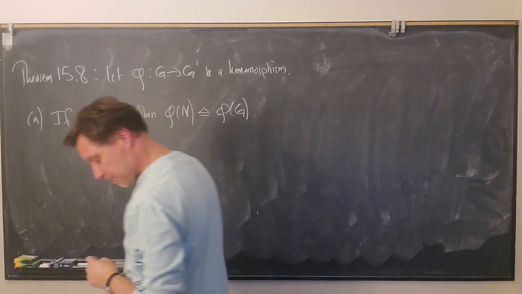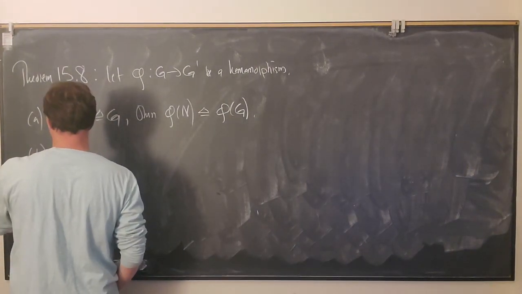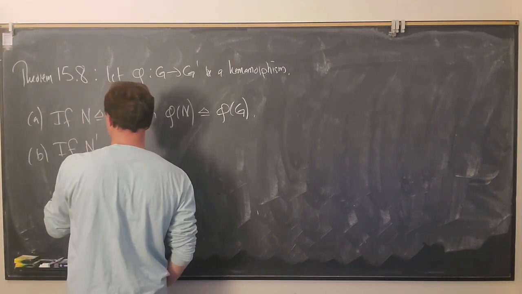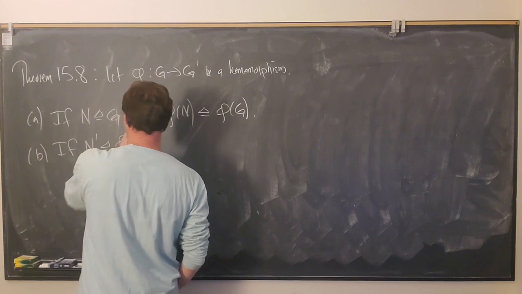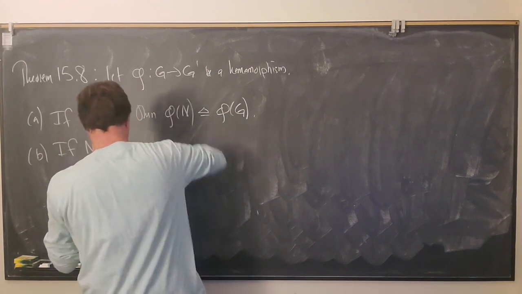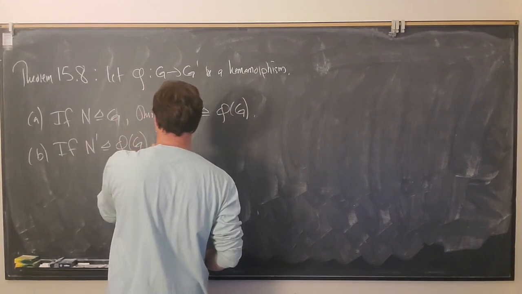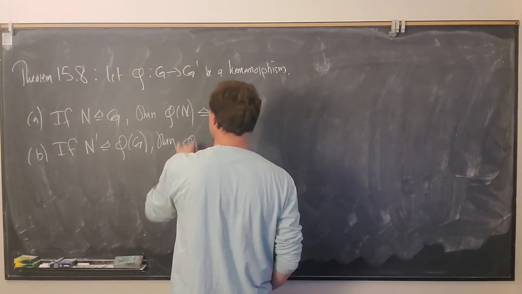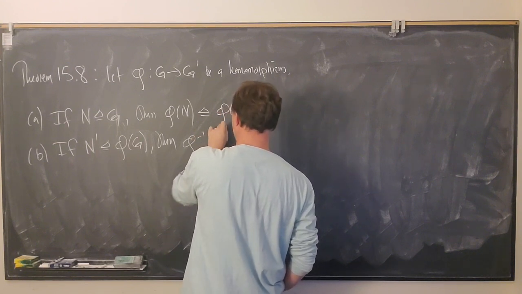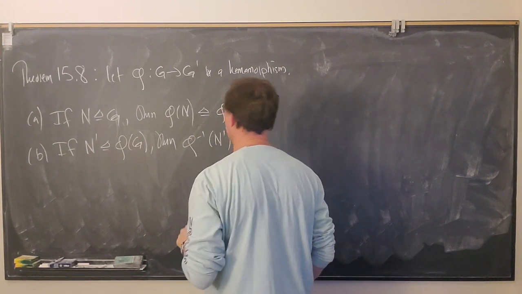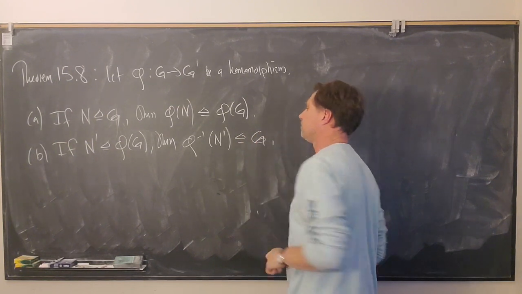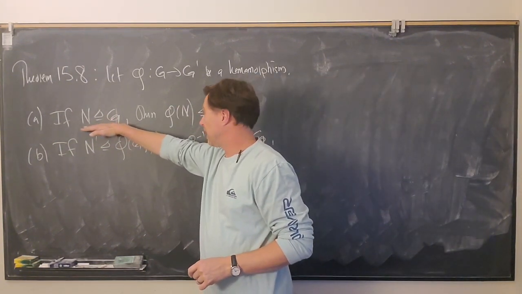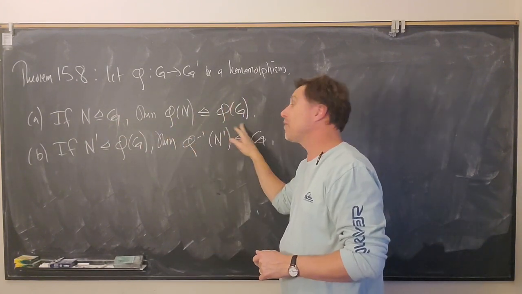And then part B, if, let's call it N prime, is a normal subgroup of the image of G, then the inverse image of N prime is a normal subgroup of G. So normal subgroups get taken to normal subgroups of the image of the function.